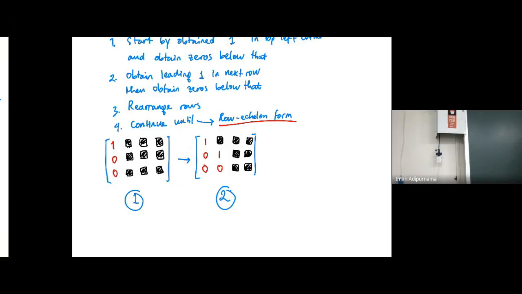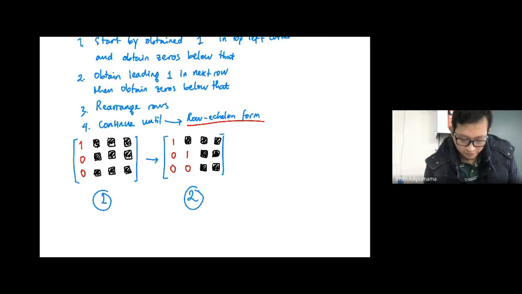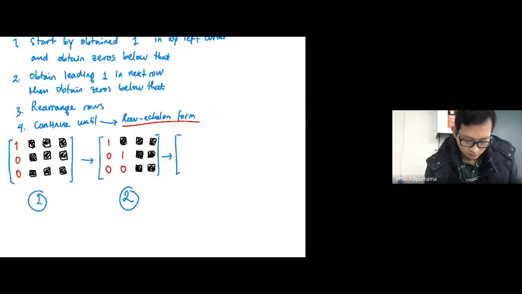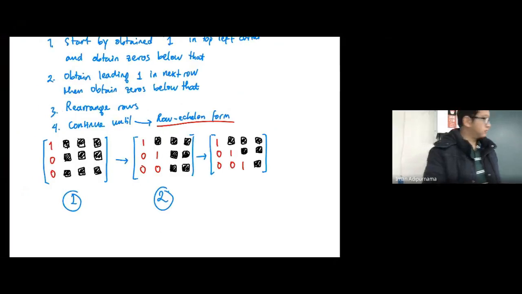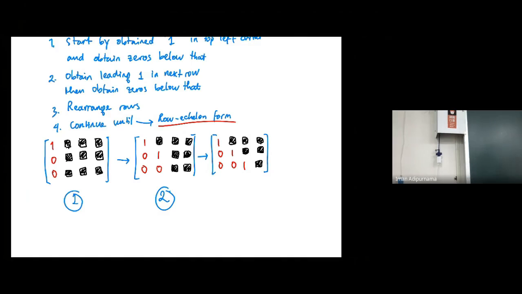I hope you understand how to get the row echelon form. Let me draw the finished one.